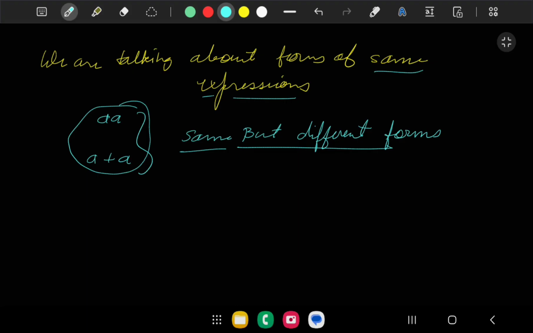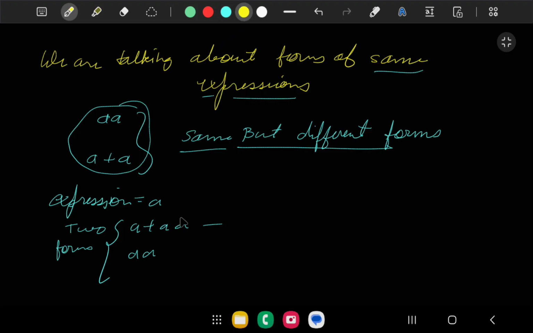So these two expressions are the same but they have different forms. Different forms of the same expression. Okay, so expression A, this same expression if I write like this, A plus AA, or AA. So is this an SOP? Two forms. Right? This is an SOP form.